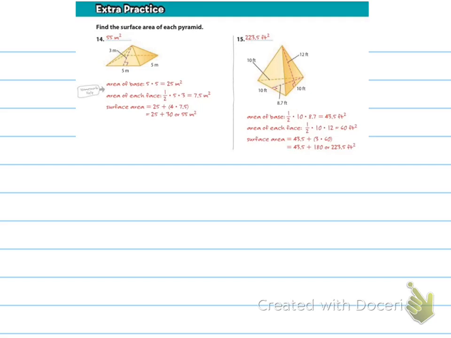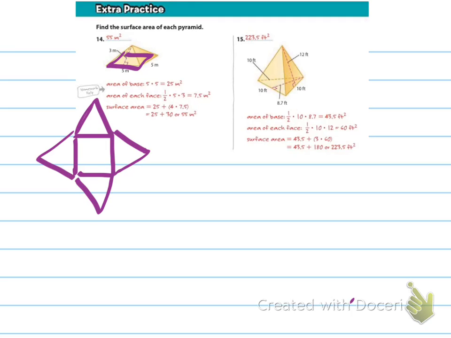So number 14, we have a square pyramid, and so the base, I would find very easily, is 25 meters squared. If I were to make this, I would just do kind of a generic little net, and this is 5 by 5, and then the height I find here is 3, so I know that for each of my triangles I'm going to have a height of 3.